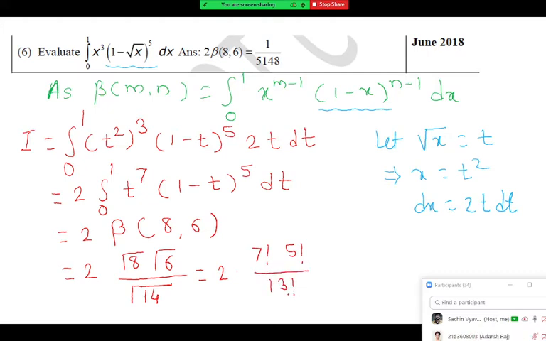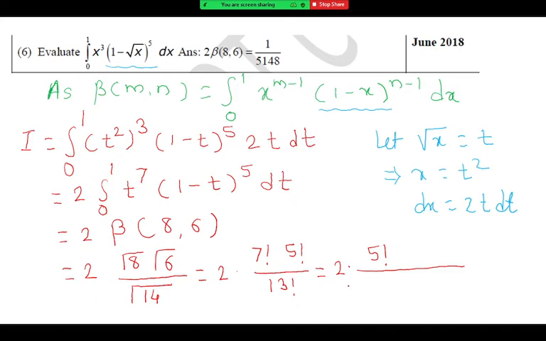Correct. Good. Out of this, this 13 factorial can be written as 7 factorial into 8 into 9 into 10 into 11 into 12 into 13. So 7 factorial will get cancelled, and we are left with 2 into 5 factorial divided by that number.